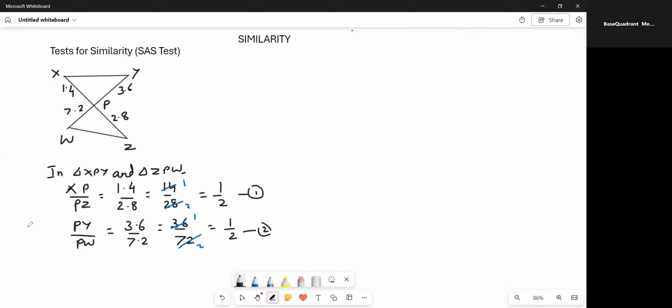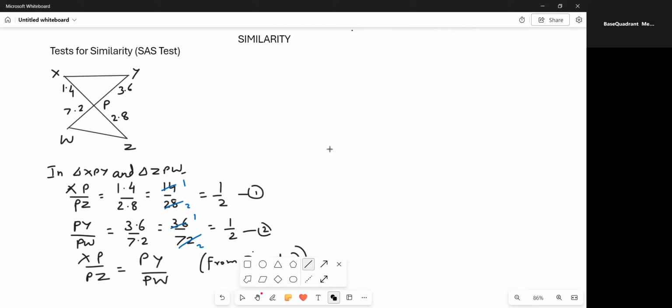That means XP upon PZ is equal to PY upon PW from 1 and 2, right? So we got two ratios of the sides equal to each other. That is our S and S. Now look for angle.